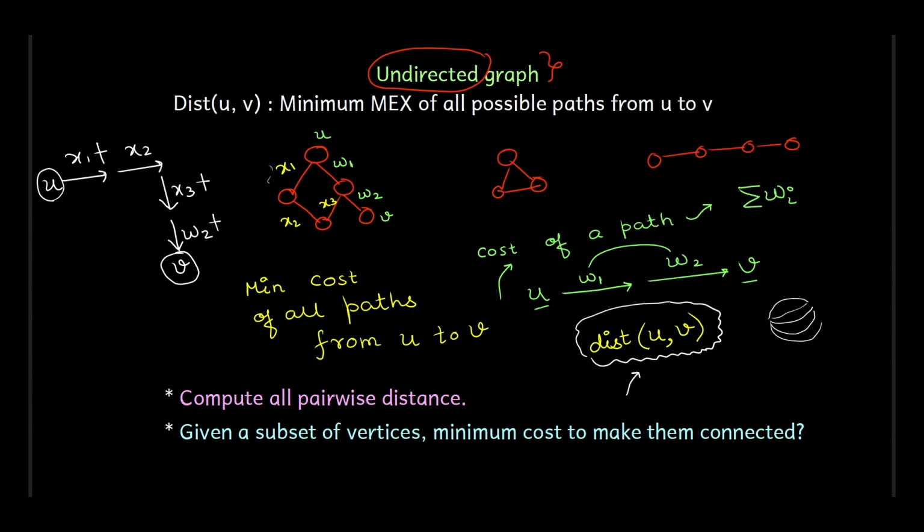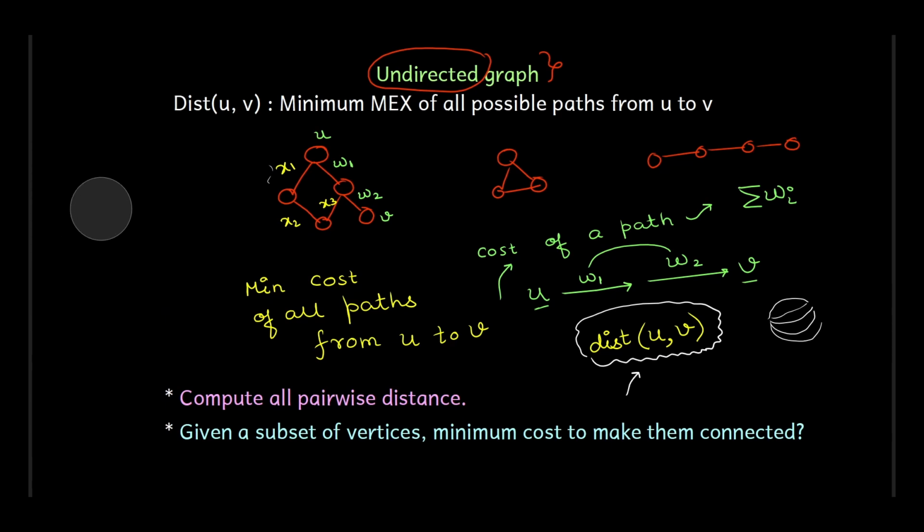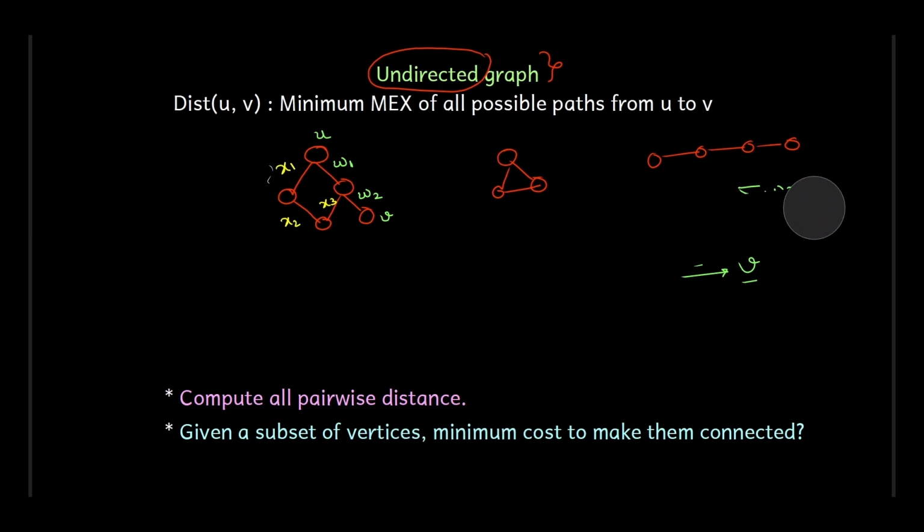Now, in this problem, we are changing the definitions a bit. We will still define the cost of a path and we'll still define the distance between two nodes. But let's formalize this.